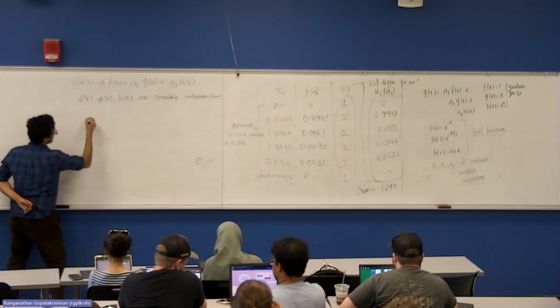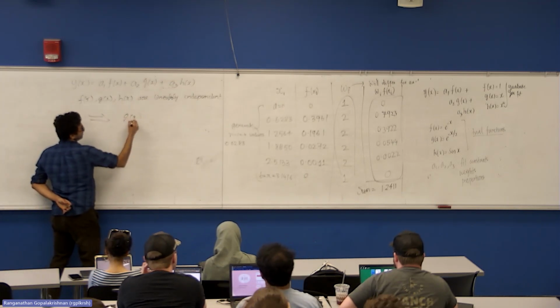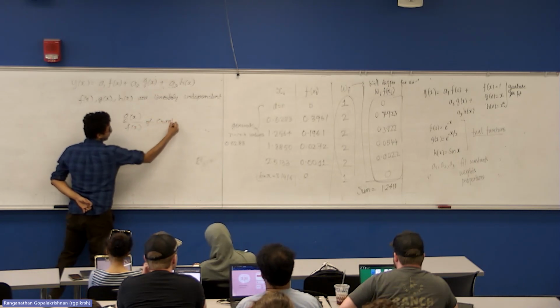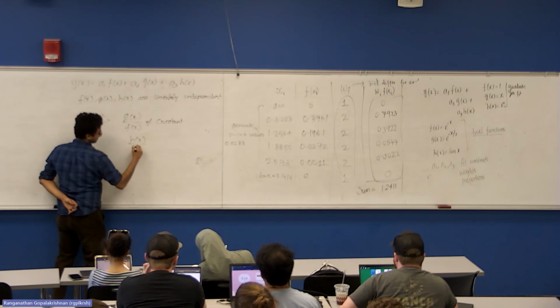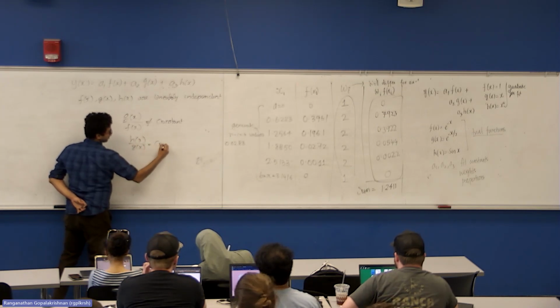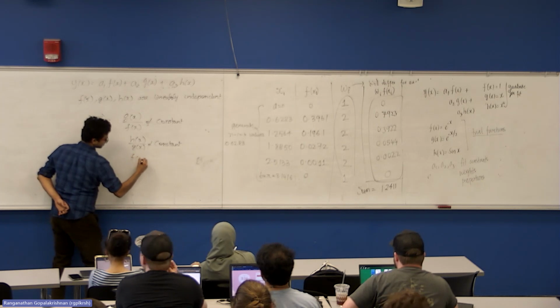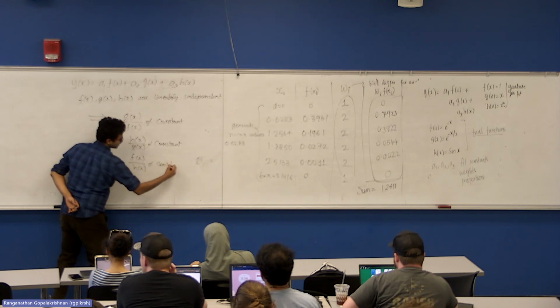What that implies is that g of x by f of x is not some constant always, or h of x by g of x is not some constant always, or f of x by h of x is not some constant always in general.